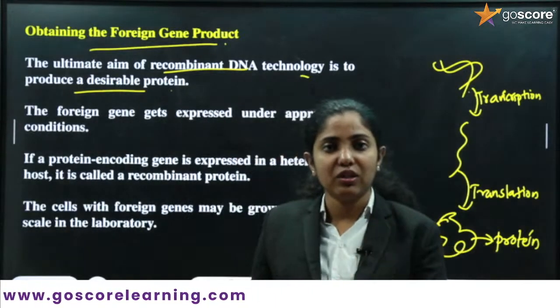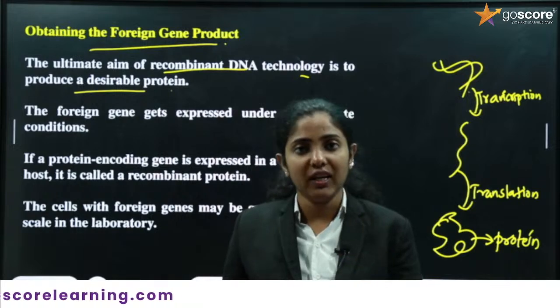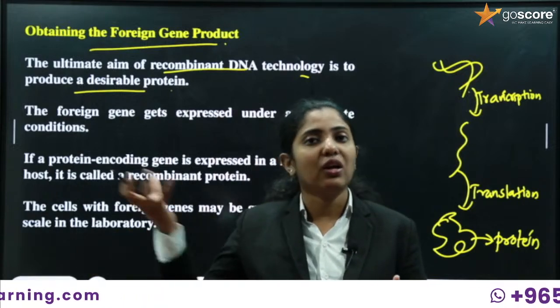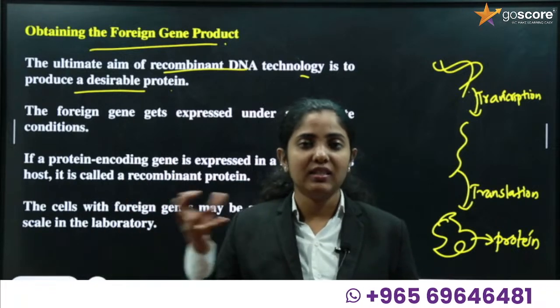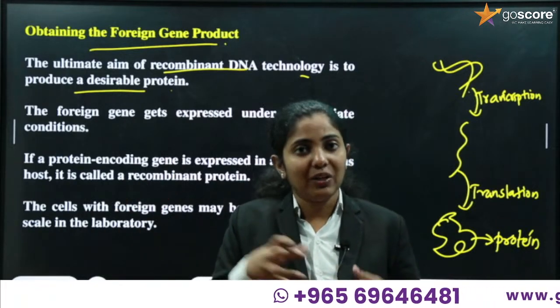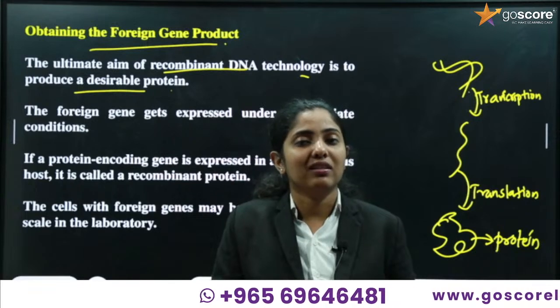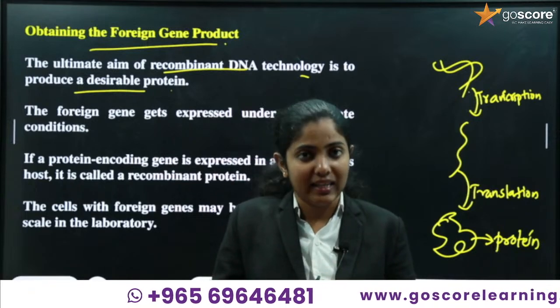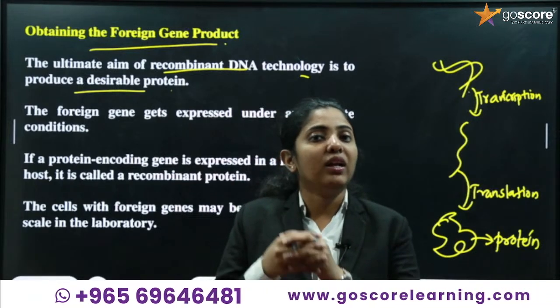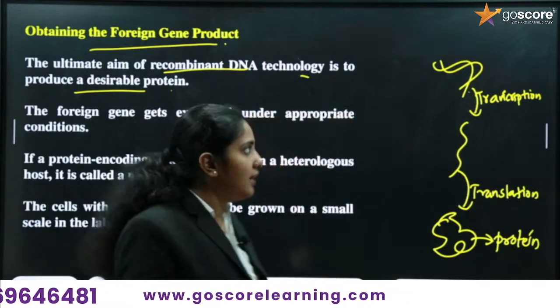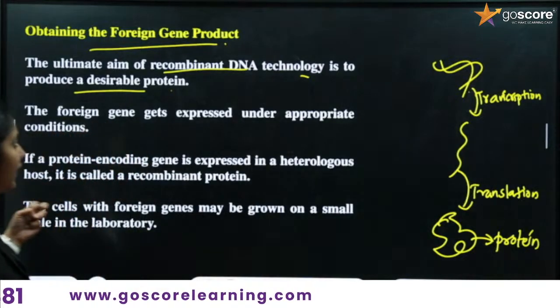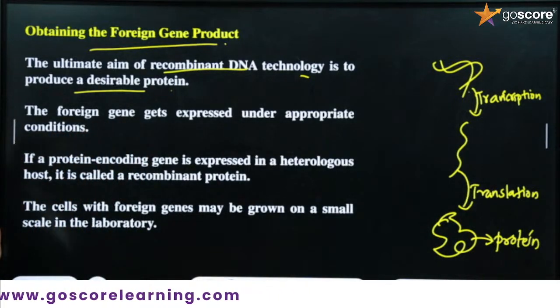Once the recombinant DNA is introduced into the host cell, it is considered foreign DNA. It will get integrated with the host cell DNA. Then from there we'll get the product.